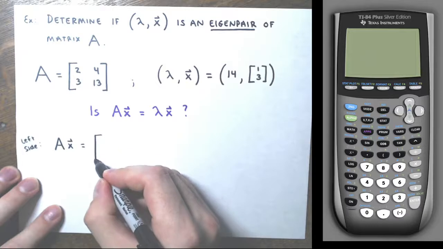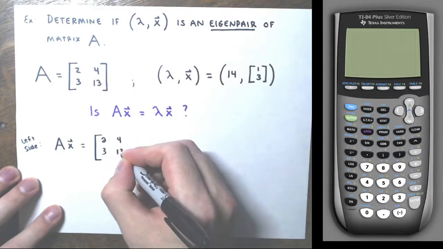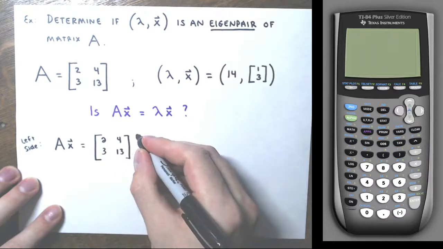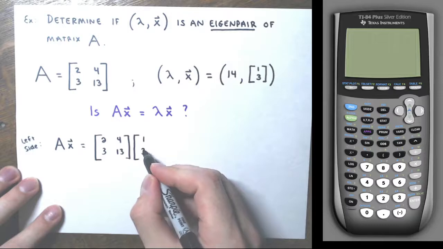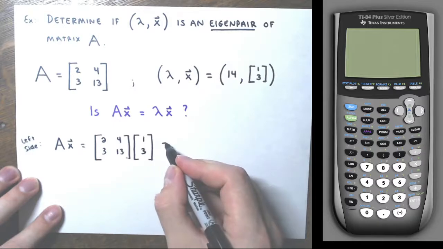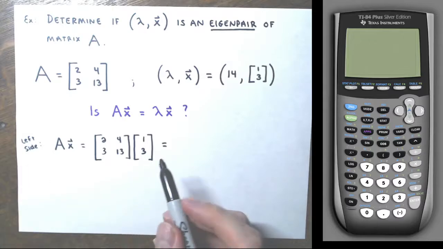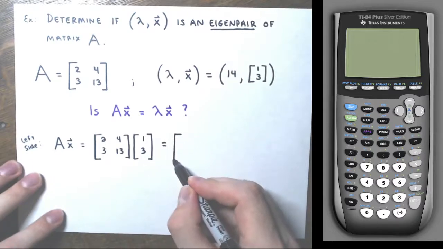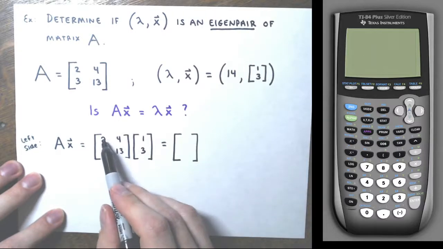So I've got the matrix A, this 2, 3, 4, 13 matrix, multiplied by vector x, the vector given to me, this vector 1, 3. And let's see what we get. This is a 2 by 2 times a 2 by 1, so I'll get a 2 by 1. First row, first column, I'd have 2 times 1.